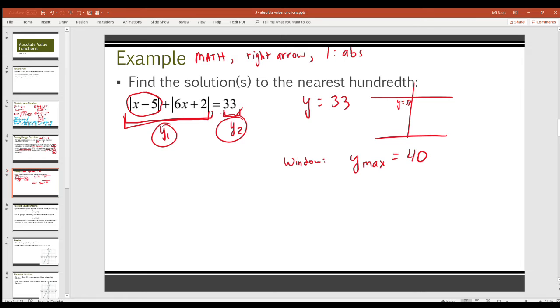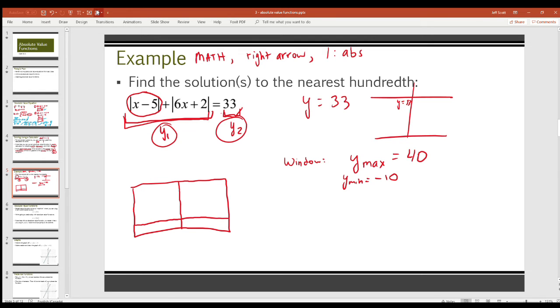Now with the window I set, again I have my y min way down at -10, but my y max I set up at 40. My graph, just as a rough sketch for you, if this is the screen of my graphing calculator, my window shows that my y-axis, where x equals 0, is right in the middle, and my x-axis is down here.